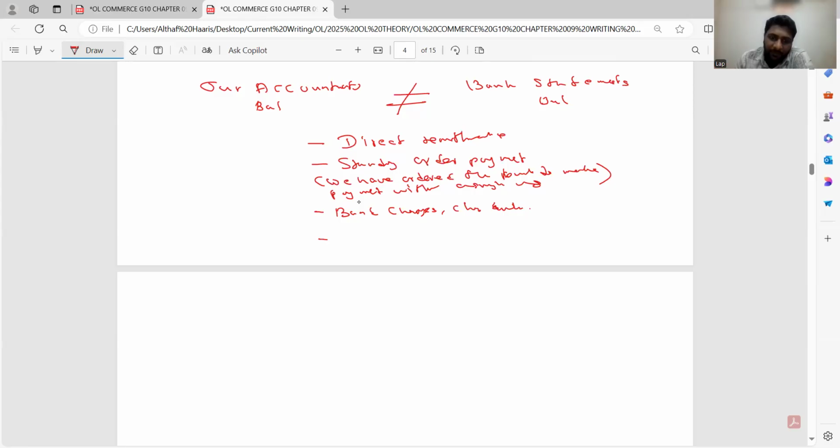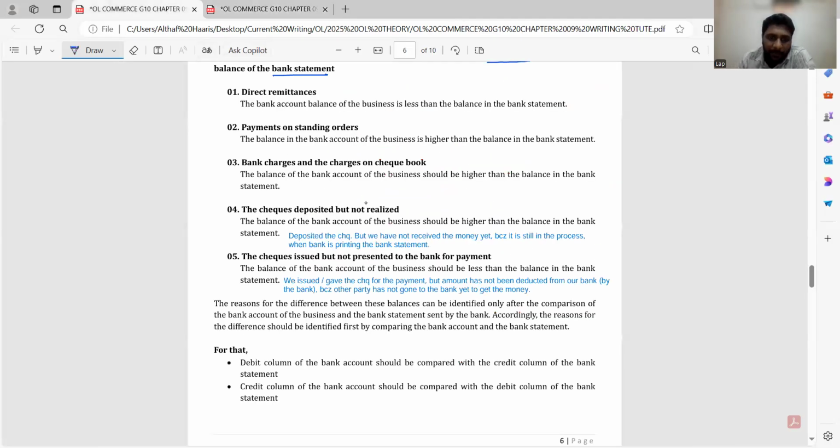Then people, we have the checks deposited but not yet realized. We will call them unrealized checks, URC. And we have unpresented checks. We will call them UPC. So better to write down those 2 words, people.